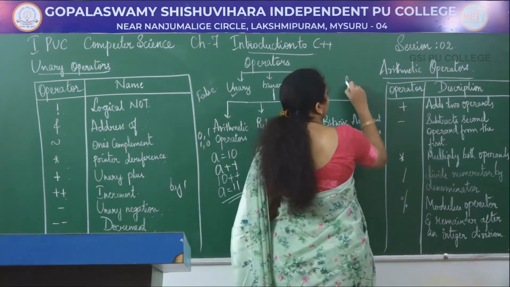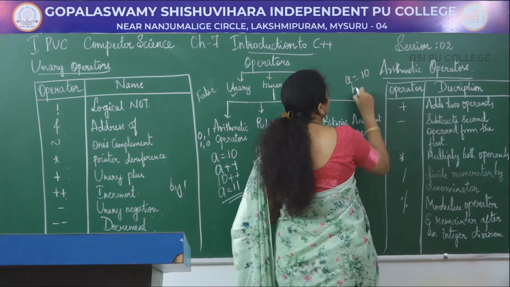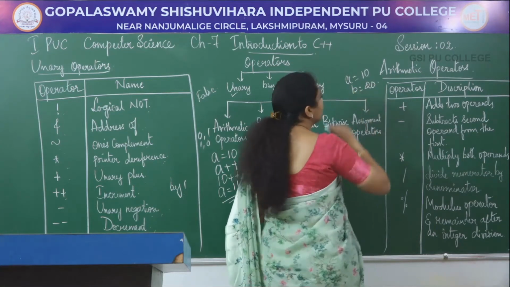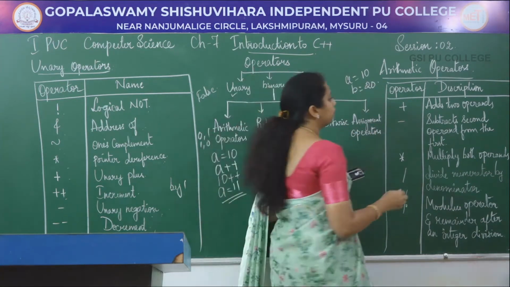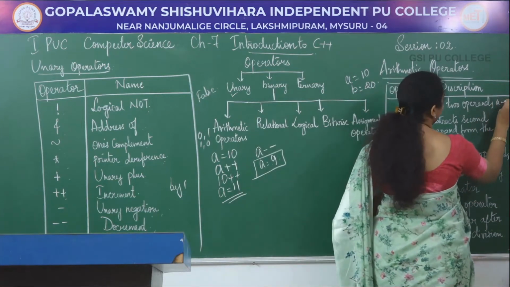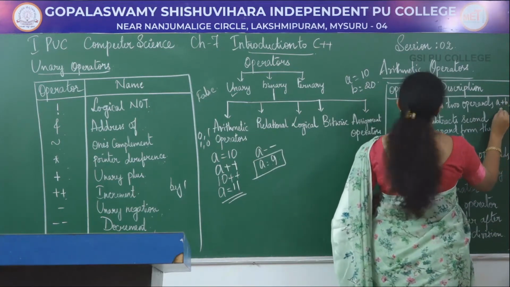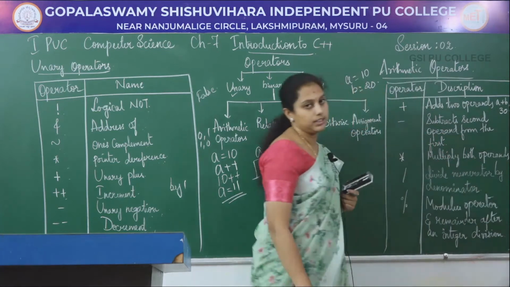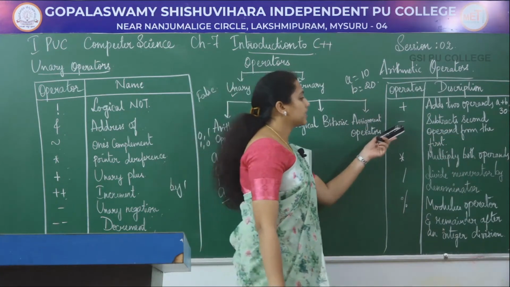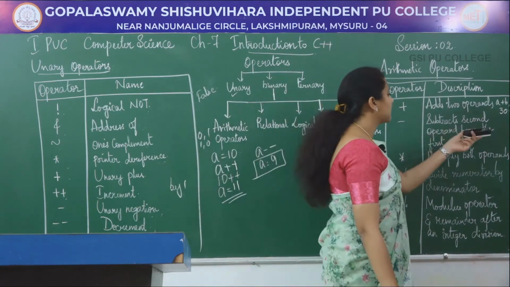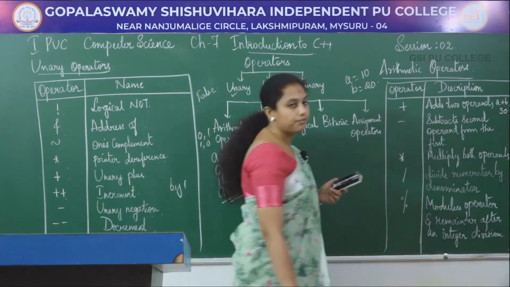Suppose a is equal to 10 and b is equal to 20. If you perform the addition operation a plus b, it gives the output as 30. Next is subtraction. It is used to subtract the second operand from the first.